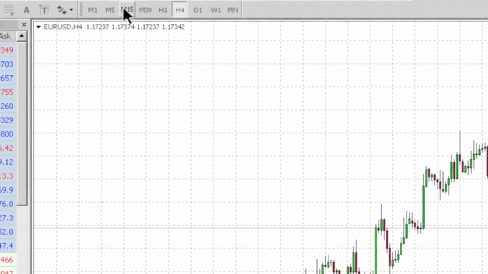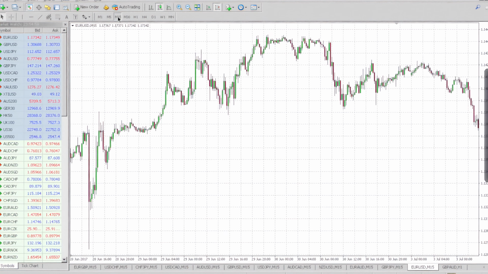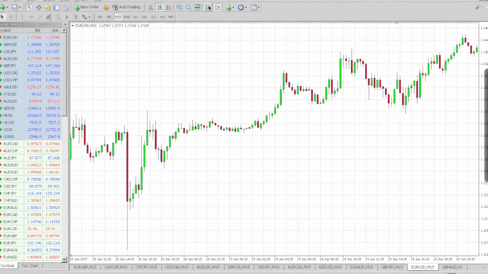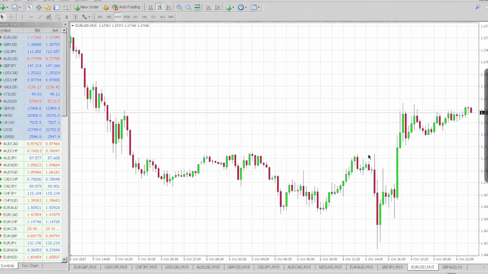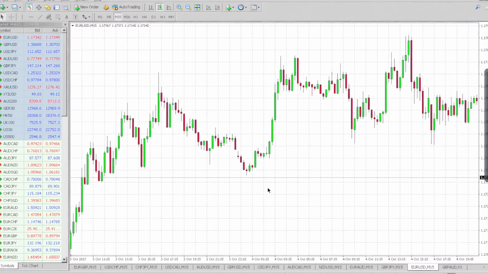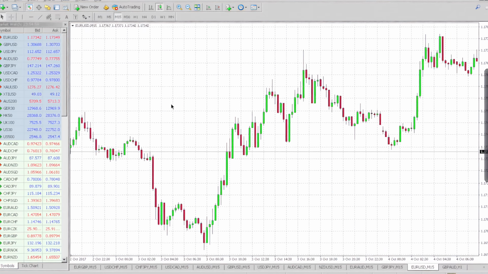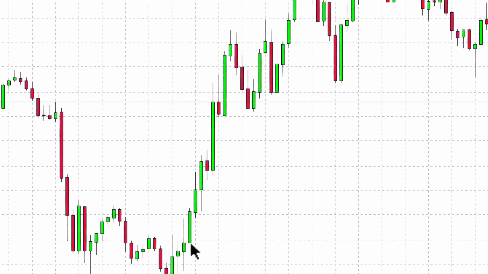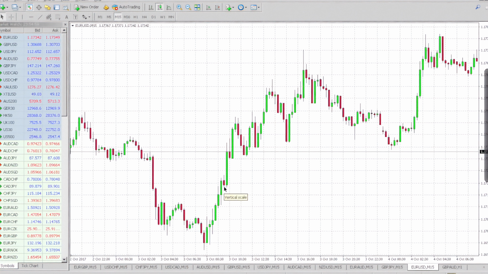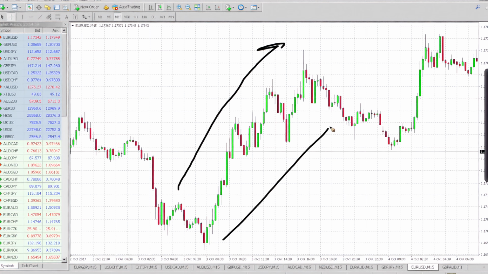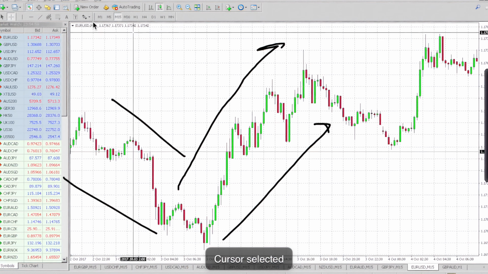Now it's like I take a microscope and zoom in even further down, and each of these candles you see over here are 15-minute candles. Each candle represents 15 minutes.